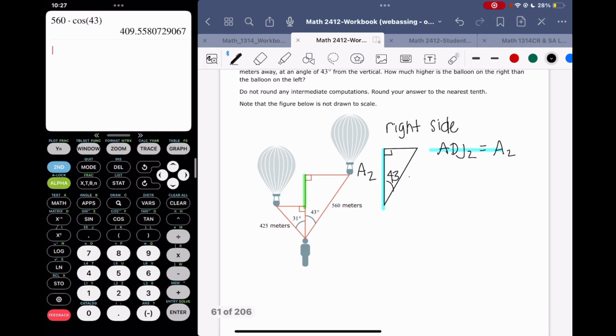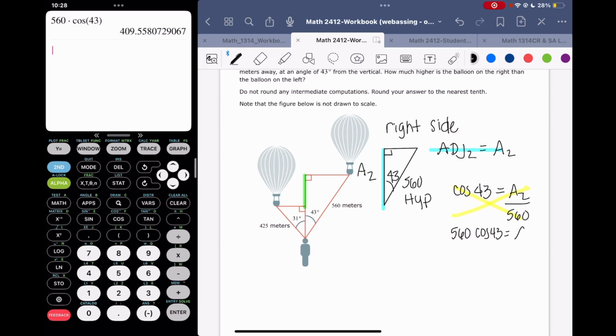And we're given 560. That's going to be the hypotenuse. So we can say cosine of 43 is equal to A2, or adjacent side 2, over 560. And then we can cross multiply to get the value of A2. So this is going to be 560 cosine 43 equals A2.